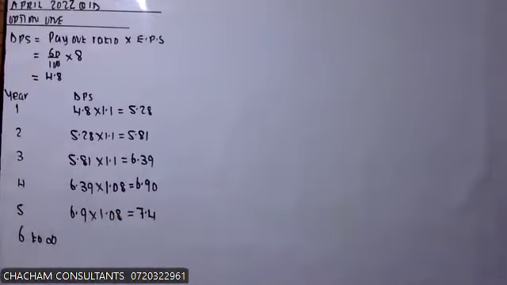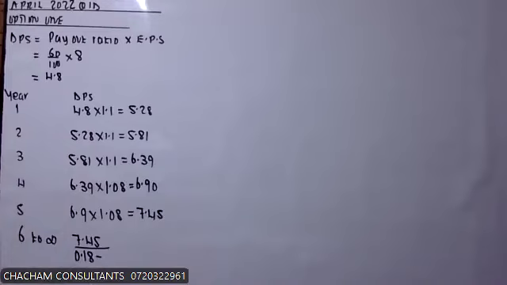Now to infinite, we will take 7.45 and divide by R. R is 0.18. That's what we are told, the minimum rate of return.